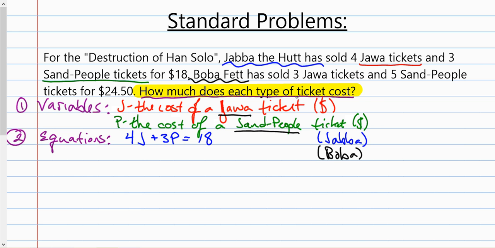So similarly, the Boba Fett equation would look like 3 of the Jawa tickets plus 5 of the SandPeople tickets is going to give him $24.50.